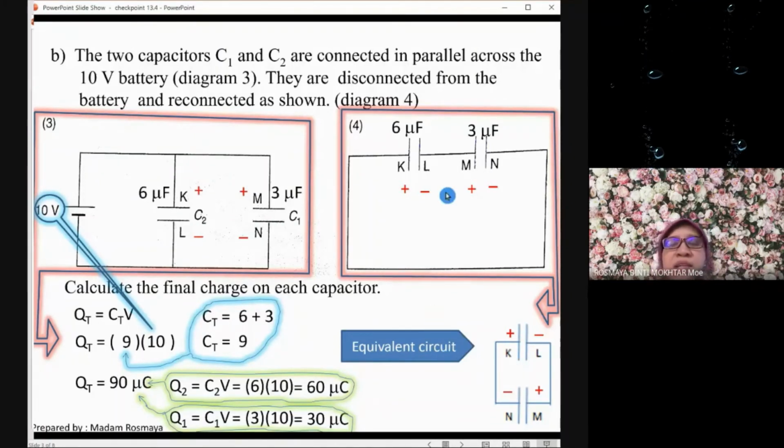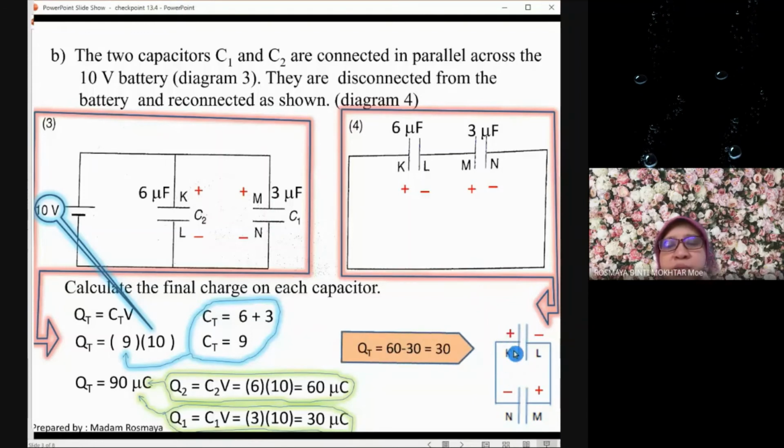The charge on this circuit, because it is connected, a complete circuit here, the charge can move freely in the circuit here. So therefore, the total charge will be different, because the terminals are connected like this.